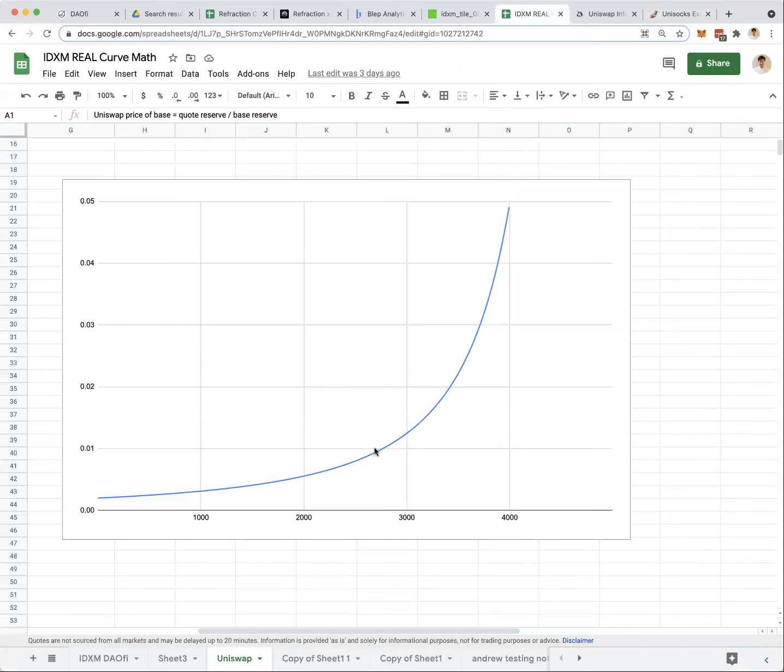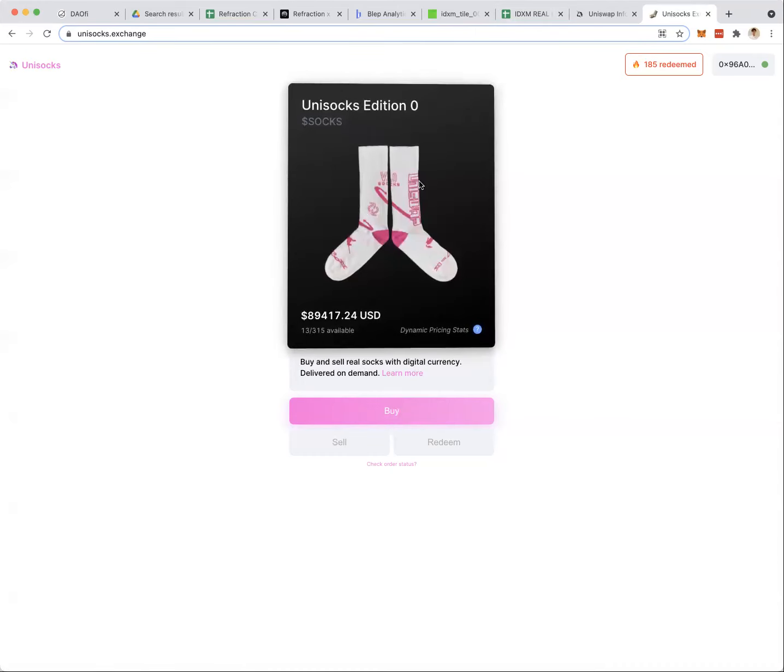Every time people keep buying, it's leaving less and less base token in the liquidity pool, causing an exponentially appreciating price. So it's probably trading somewhere up the exponential curve right now, doing price discovery in a very, very volatile fashion.